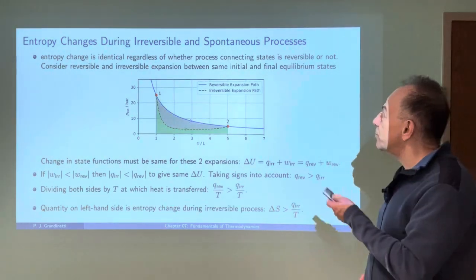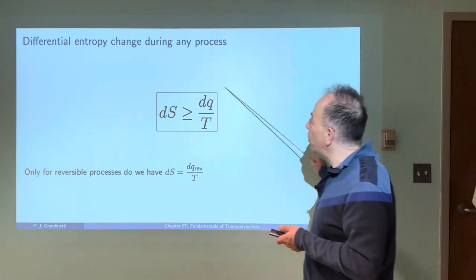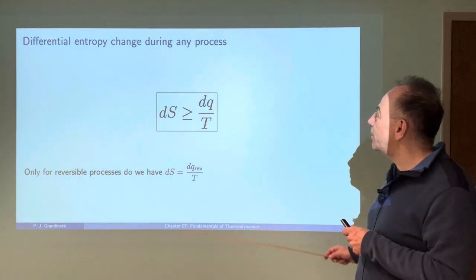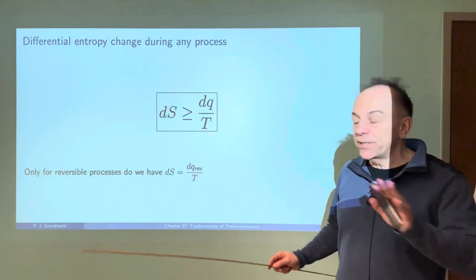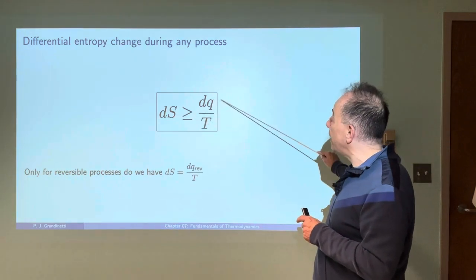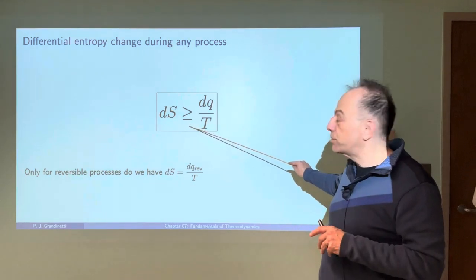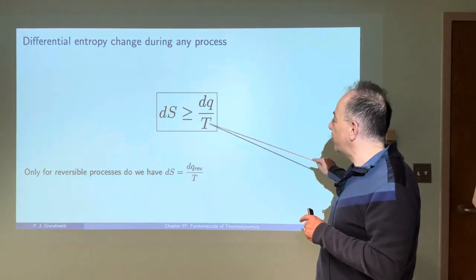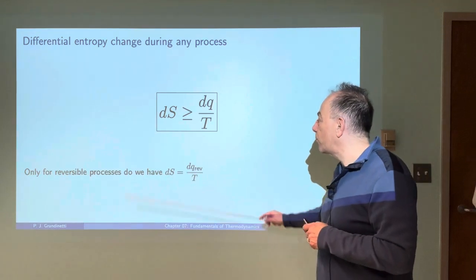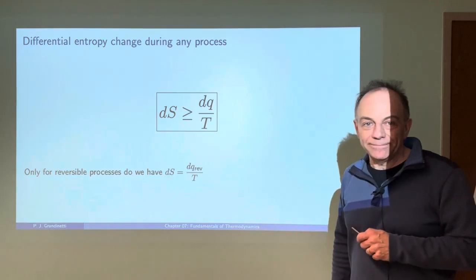All right. So that means then we will revise our expression for the differential change in the entropy for any process, reversible or irreversible, to be that dS is greater than or equal to dq over T, the equality holding in the case that it's reversible. So again, only for a reversible process do we have equality.